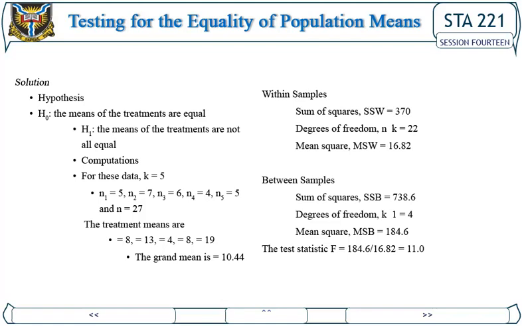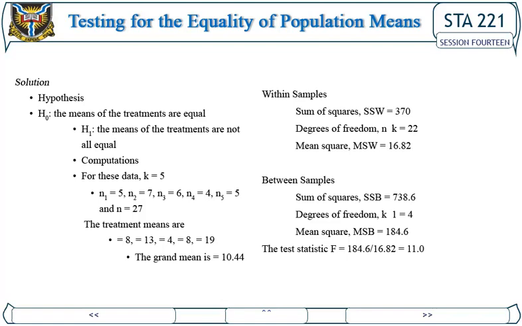Within samples, sum of squares SSW equals 370, degrees of freedom n minus k equals 22, mean square MSW equals 16.82. Between samples, sum of squares SSB equals 738.6, degrees of freedom k minus 1 equals 4, mean square MSB equals 184.6.